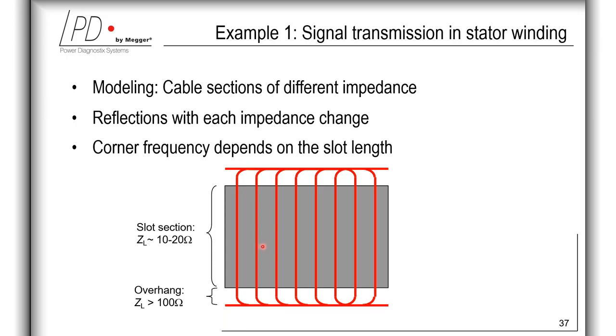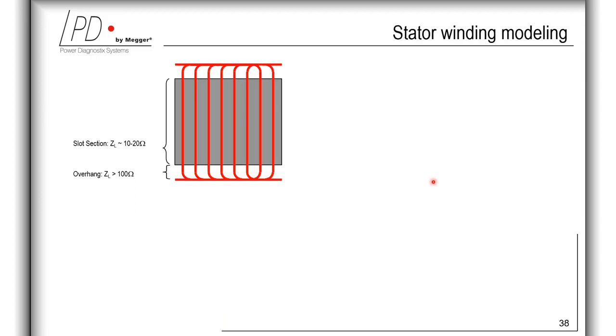Outside of the slot in the core, in the so-called overhang section, the conductor acts like a bare conductor against the remote ground. In the slot section, the impedances are in the range of 10 to 20 ohms, and in the overhang section, it's more than 100 ohms. So here we would expect reflections with each impedance change. And here the corner frequency depends on the slot length, which we will take a closer look at in the next slide.